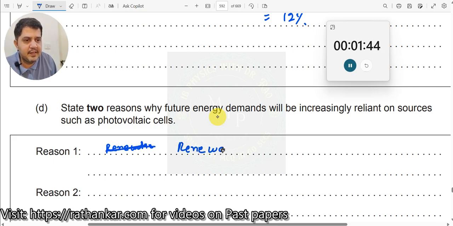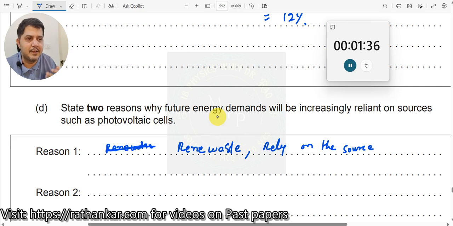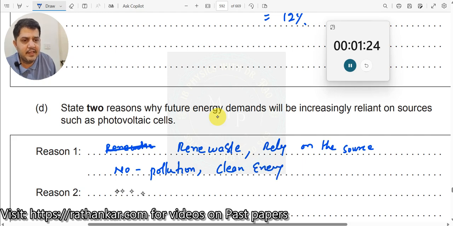Energy from the sun is renewable, and you can always rely on the source because the sun does not vanish immediately. It will be there for a very long time. First one. And second one, you can say there is no pollution. I hope everyone will write this. No pollution. Maybe you can say it is clean energy.